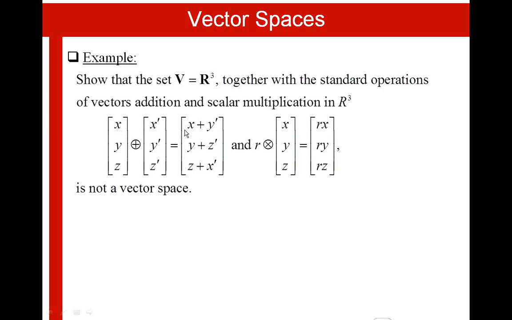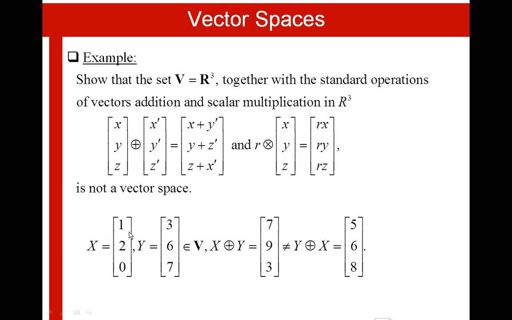The sum is (x plus y prime, y plus z prime, and lastly z plus x prime). And if you do multiplication by a real number, we have r times (x, y, z) equal to (rx, ry, rz).